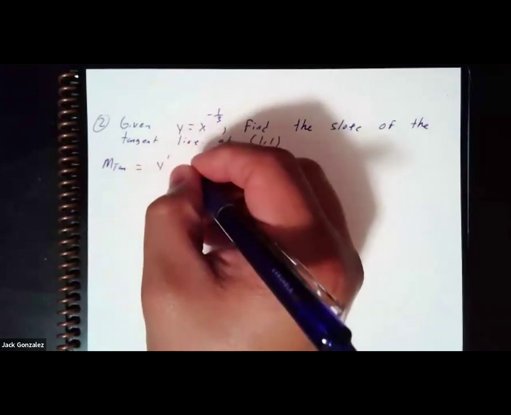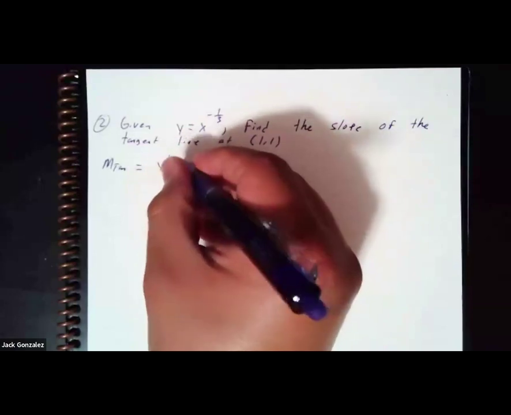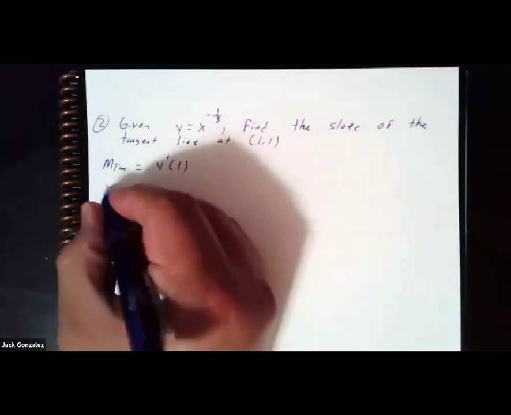M tangent will be basically the derivative at the number 1. So find the derivative. Let's do it right here.